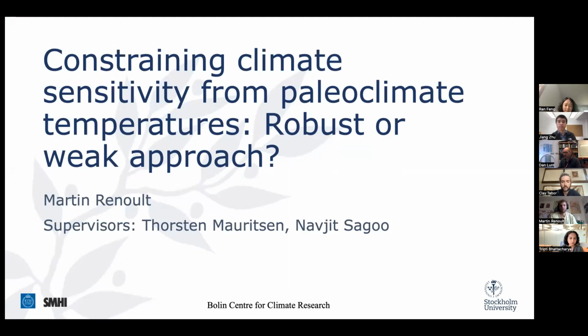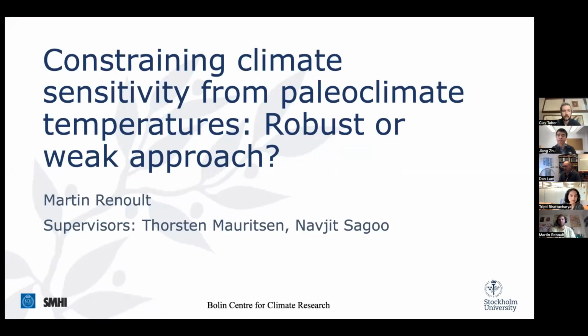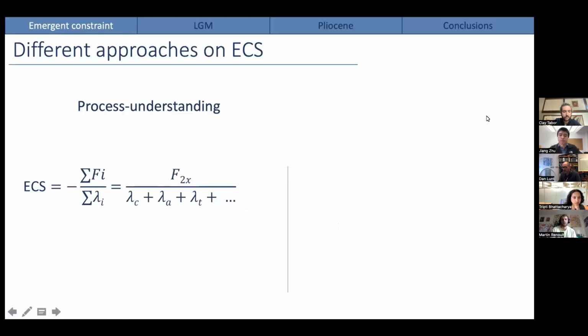So I'm going to talk about a very specific method now. I'm going to constrain climate sensitivity using the emergent constraint method with paleoclimate temperature. Dan already talked about it, but basically there have been different ways of estimating climate sensitivity that arise particularly in the latest IPCC.